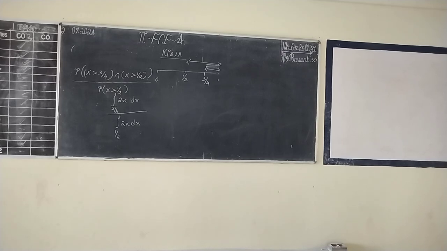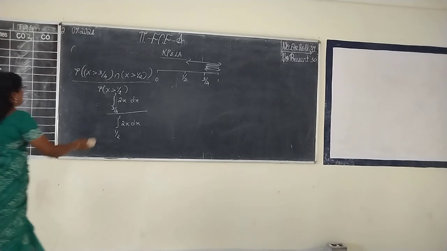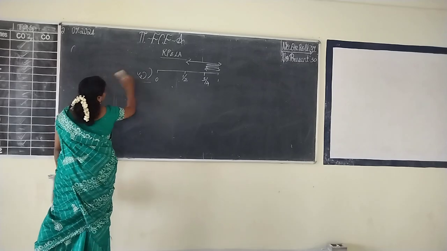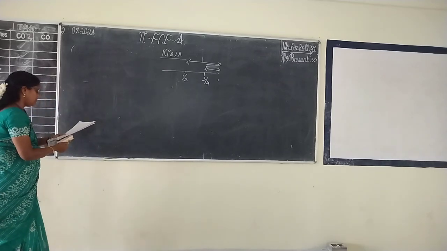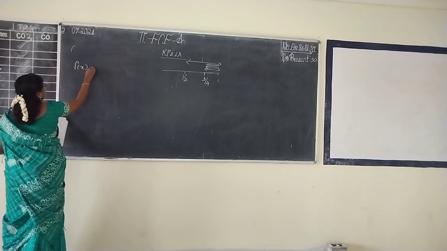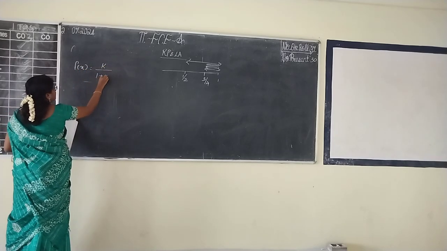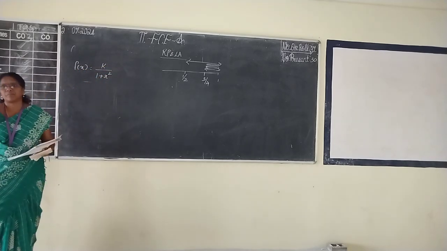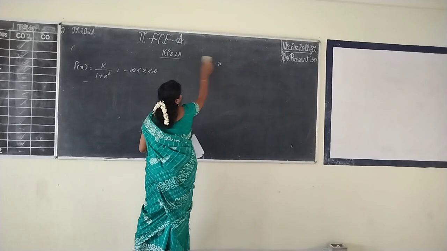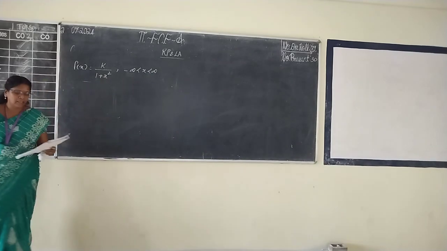Okay, next problem. A continuous random variable x has probability function f of x equal to k by 1 plus x square, minus infinity less than x less than infinity.